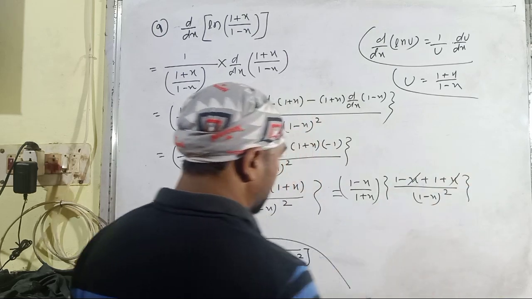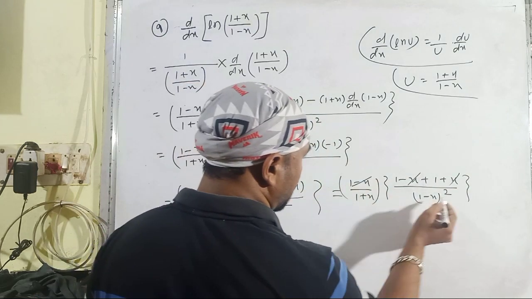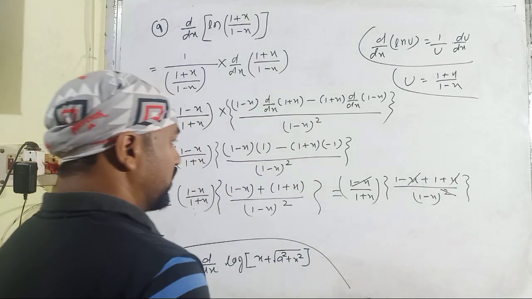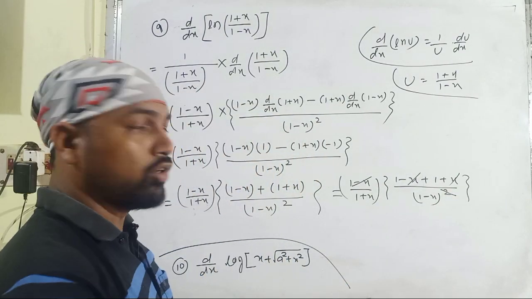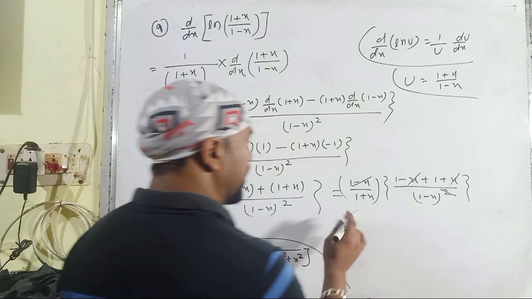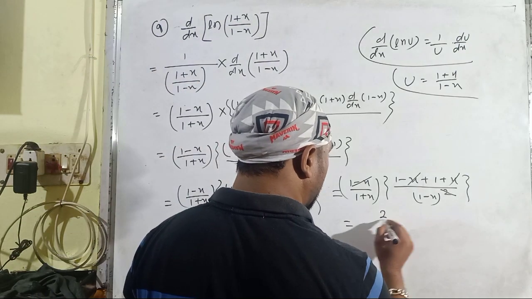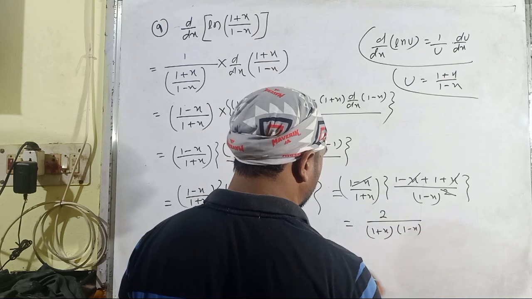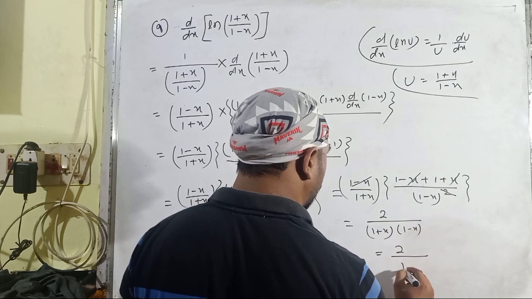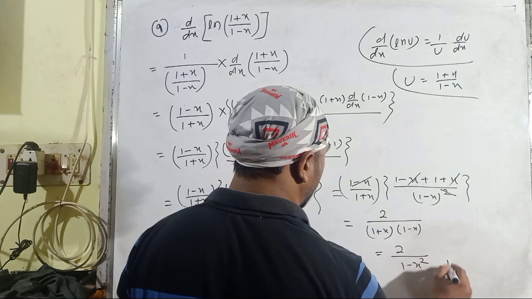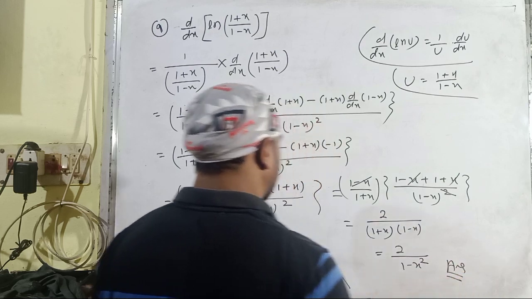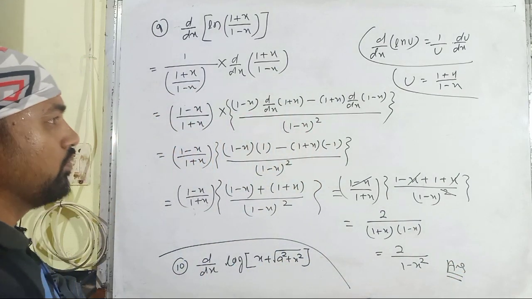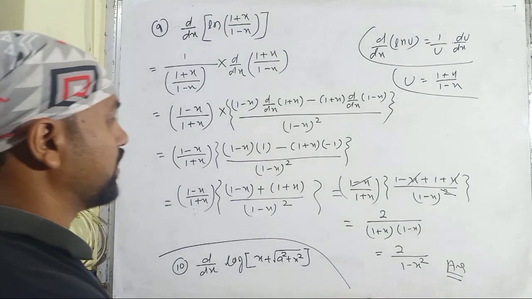Minus x plus x got cancelled, and here 1 minus x got cancelled with one of the factors of whole square of 1 minus x. So the remaining terms are 2 divided by 1 plus x multiplied with 1 minus x, that means 2 divided by 1 minus x square, and here is the answer for the problem number 9.